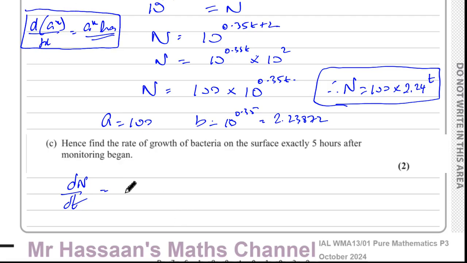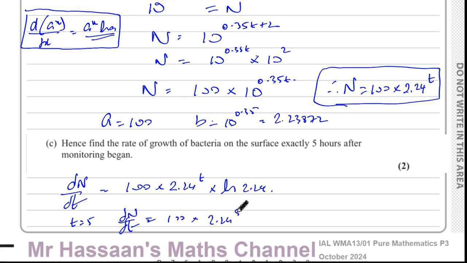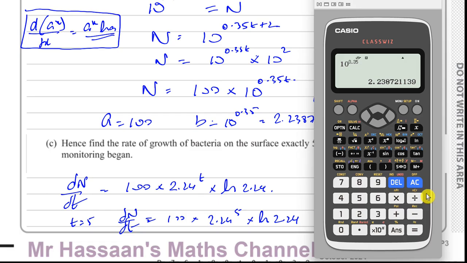So dN/dt in this case will be 100 times 2.24 to the power of t, times ln of 2.24. Exactly 5 hours means when t equals 5, so dN/dt is equal to 100 times 2.24 to the power of 5 times ln of 2.24. And that will give us our answer.